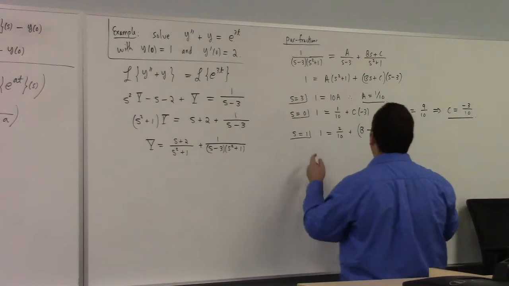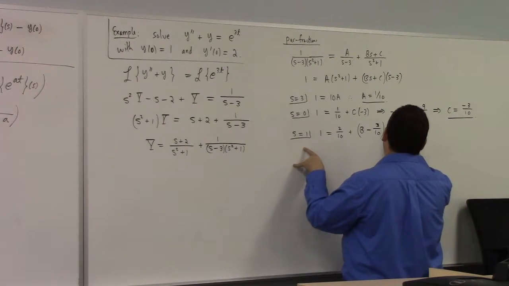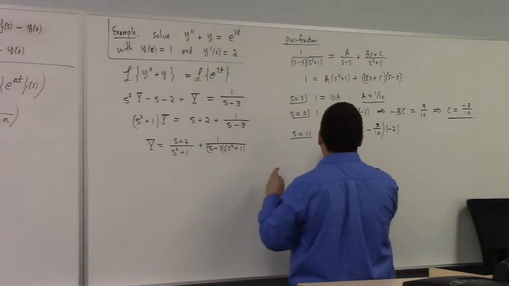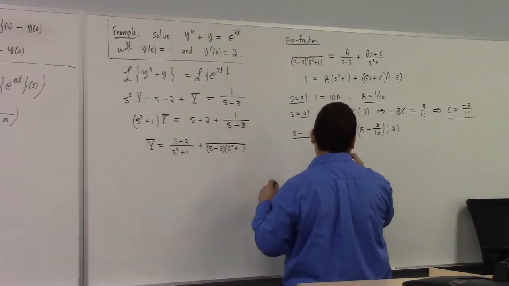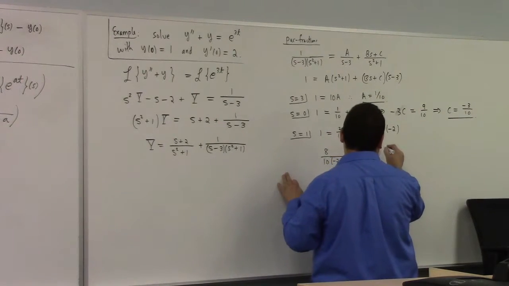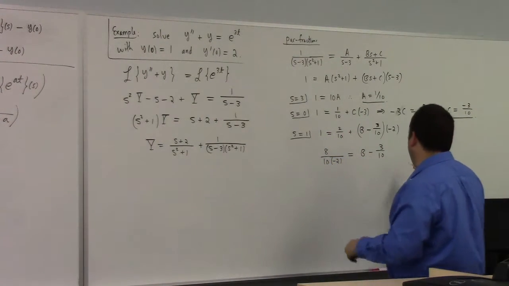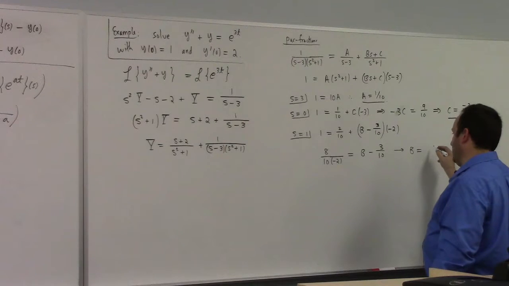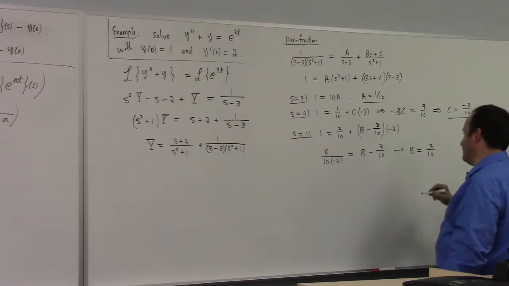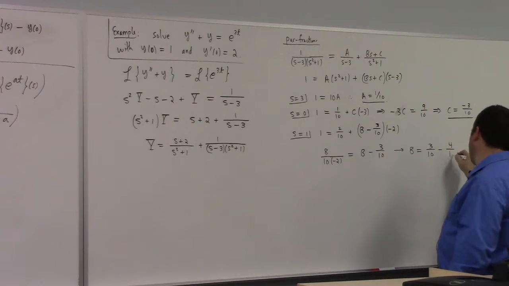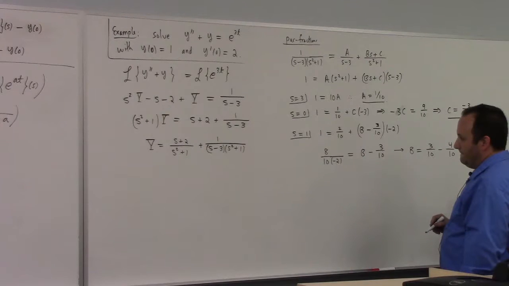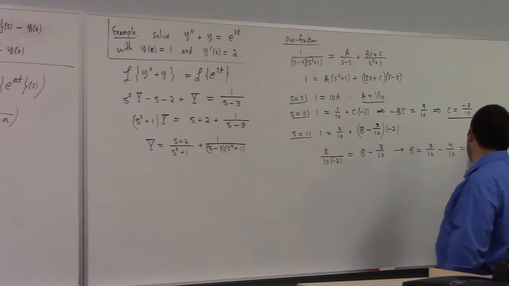Times s minus 3, which is what? Minus 2, right? So this gives me 8/10 divided by minus 2 is equal to b minus 3/10, which says that b is equal to 3/10 minus 4/10, yeah? Also known as minus 1/10.